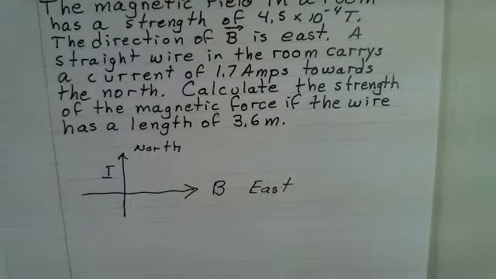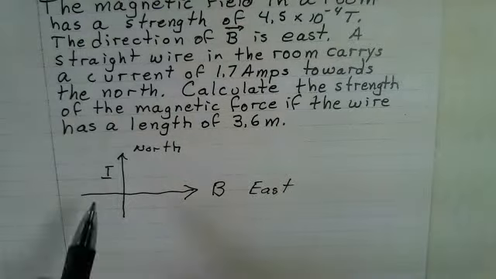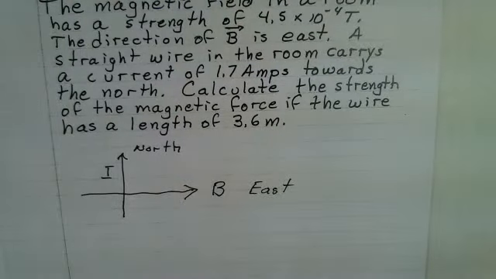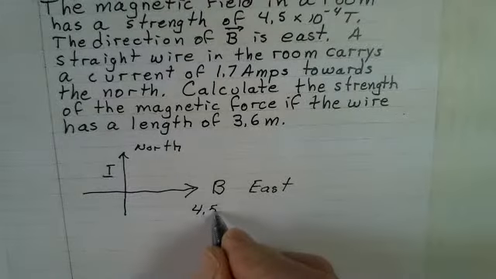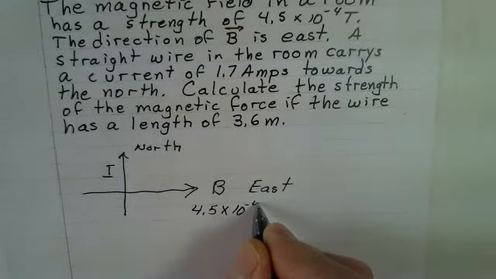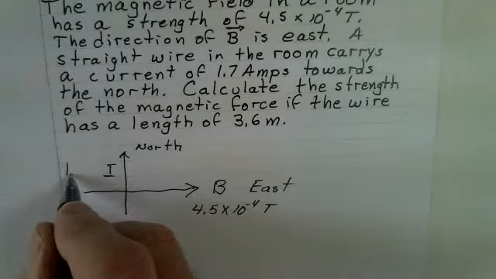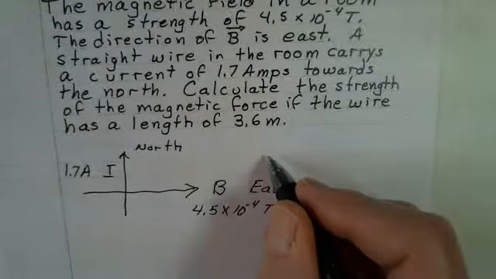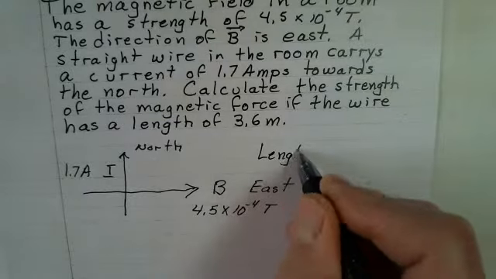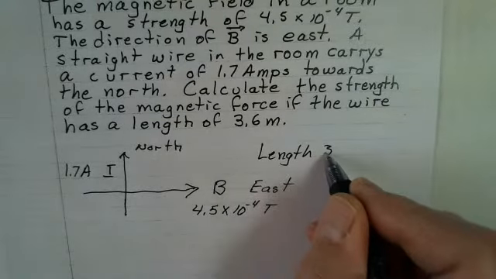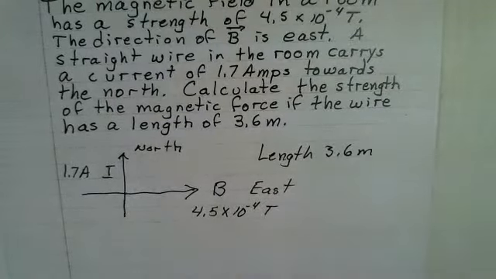So we have level north for the current and off to the east for a magnetic field, 4.5 times 10 to the minus 4 Teslas, and our current of 1.7 amps, and the length of the wire in this region of magnetic field, 3.6 meters.